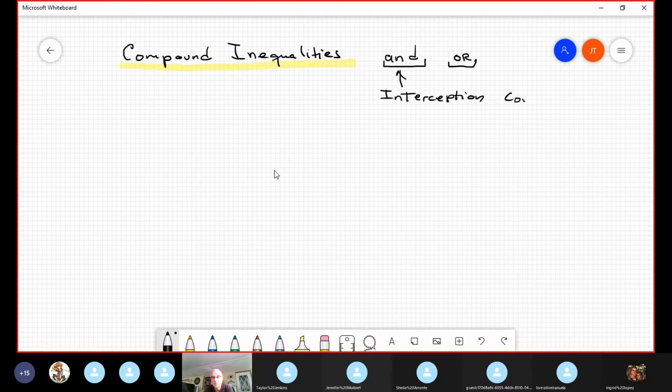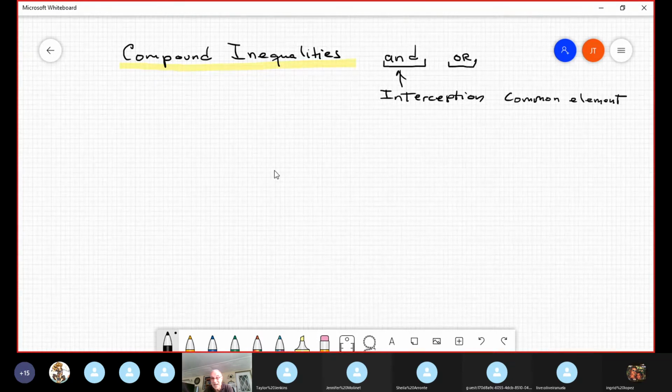Intersection is the common element, or common numbers. Okay, it is the point or the value that is common in between 2 sets.